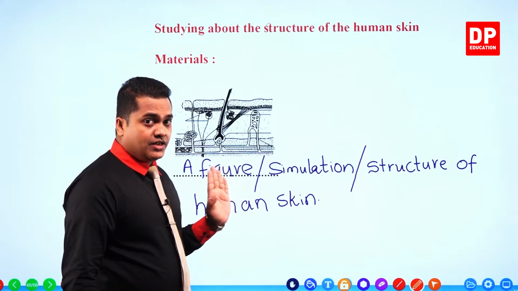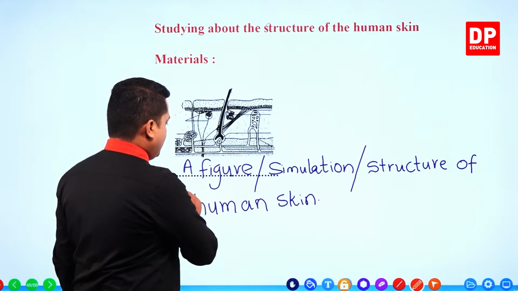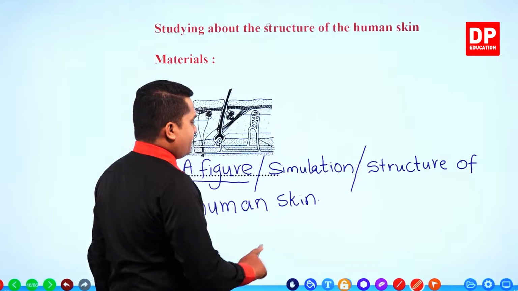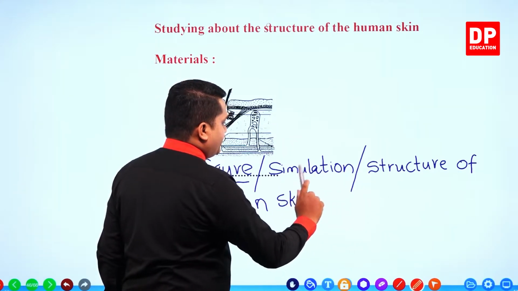Definitely you will need a figure to identify the components. This is really important. After that, find at least one of the other two.